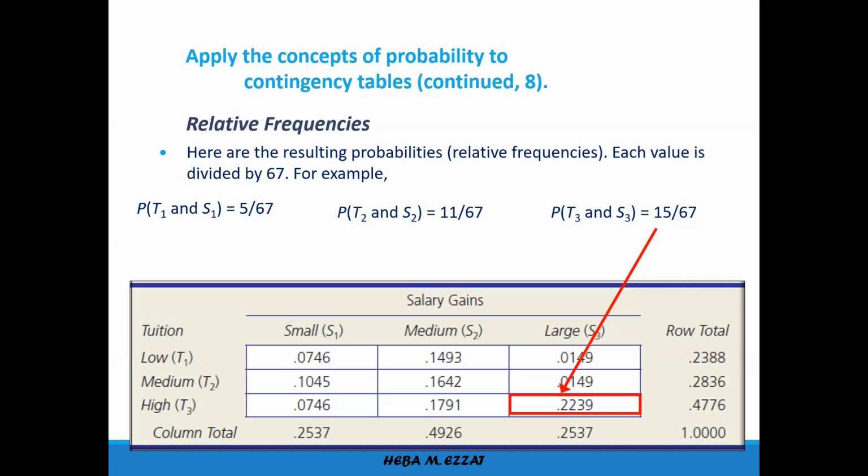So to calculate the relative frequencies, we take the intersection of the first event and the second event. We divide all these values by the grand total of the table, which in this case is 67.